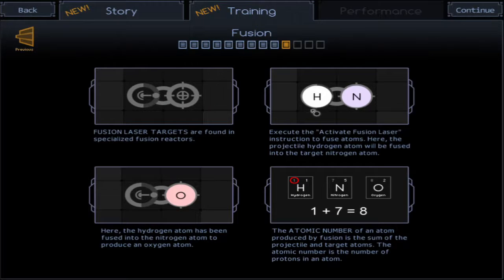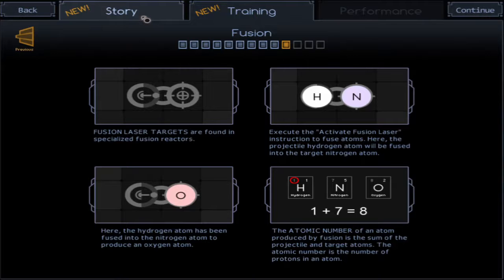In order for them to work, you have to put one atom on either side, kind of like a bonder, except when their command is triggered, the atom on the left will be fused into the atom on the right, and the atom on the right, its atomic number will become the sum of the two atoms you fuse together. So, with this example, fusing hydrogen to nitrogen, atomic number 1 to atomic number 7, we get atomic number 8, which is oxygen.